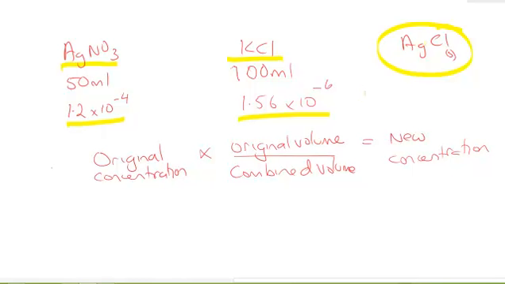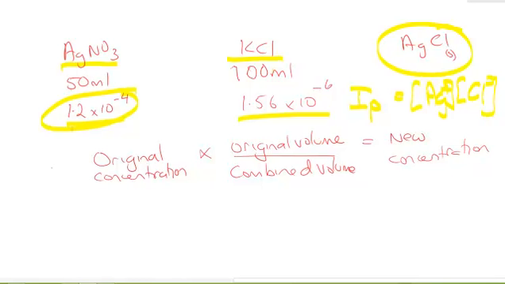It would be a case of your ionic product would equal the concentration of silver times the concentration of chloride ions, right? The main point of this though is, how do you calculate the new concentration? Because you need to put this concentration in, but it's got to be corrected for the fact that you've now combined it from 50 mils and you've added 100 mils to it.